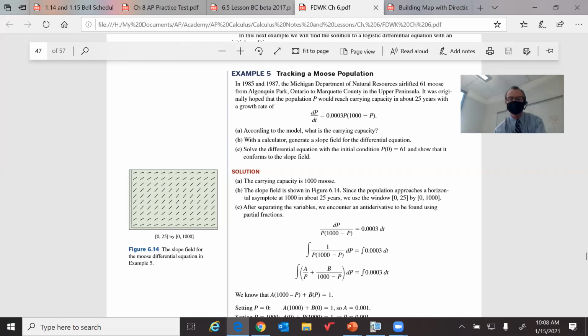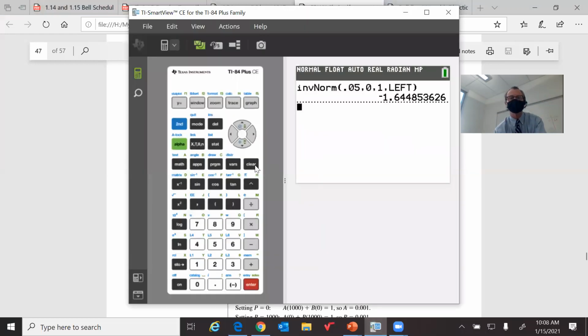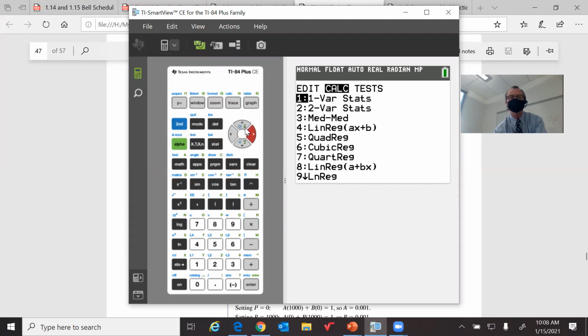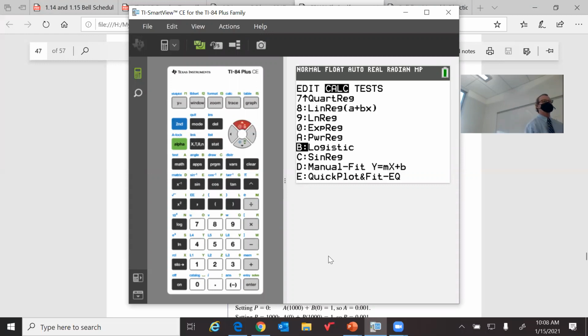And we're going to go stat, calc, P, logistic regression.